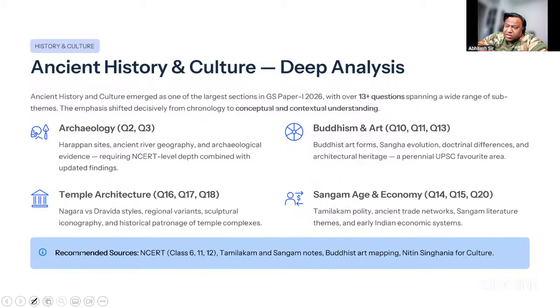So here we see that these are the areas from where the questions have come.